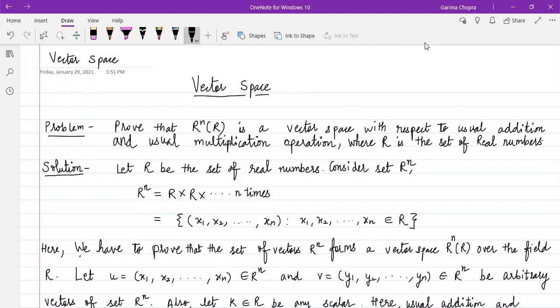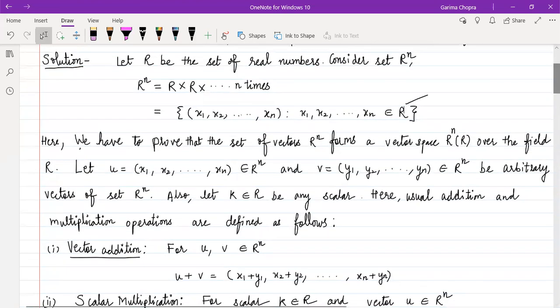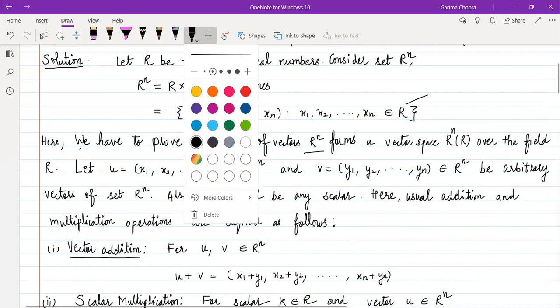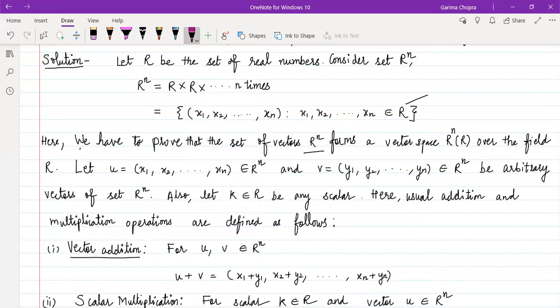And this will be the set of n tuplets, where all these components x1, x2, xn belong to the set of real numbers R. Now what we have to do here, we have to prove that this set of vectors, which is this Rn, forms a vector space over the field R. So this is a case where the field is real.